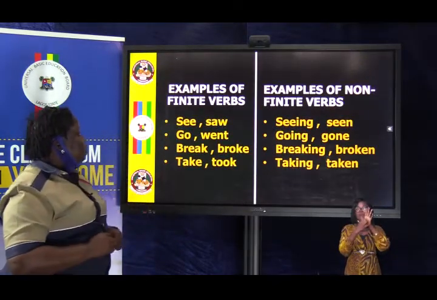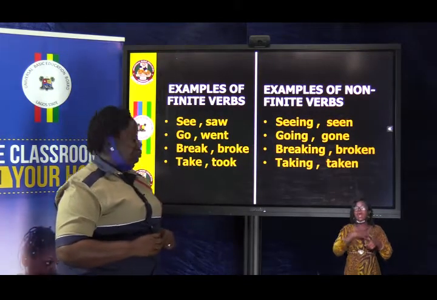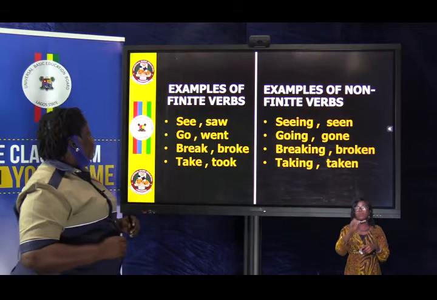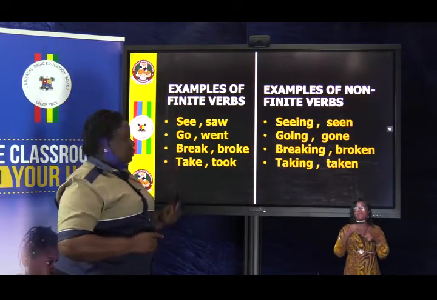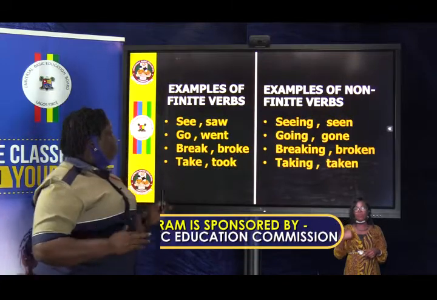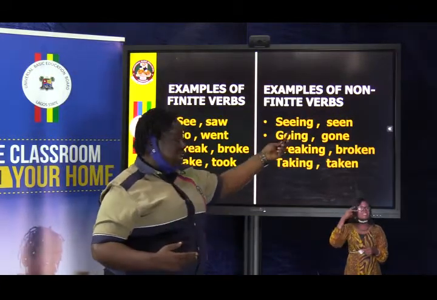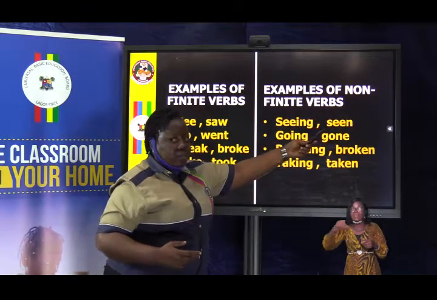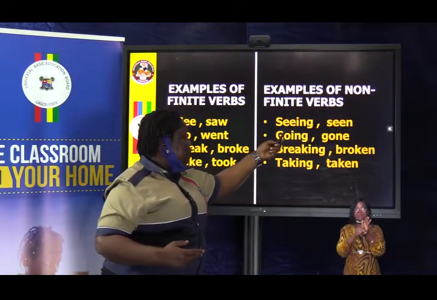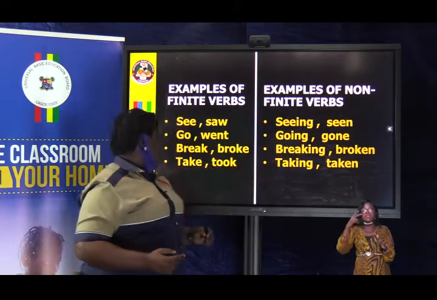Now let's look at examples of finite and non-finite verbs. Look at this: see, saw. When we want to turn them to the non-finite verbs, it becomes seeing, S-E-E-I-N-G, and seen, S-E-E-N.